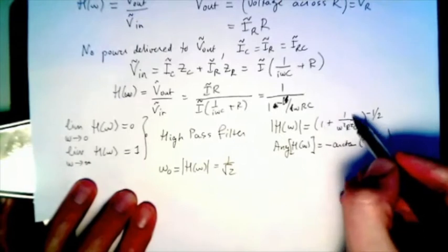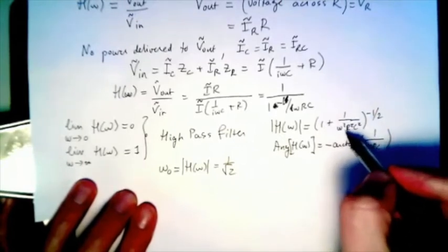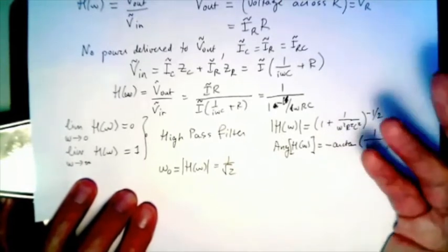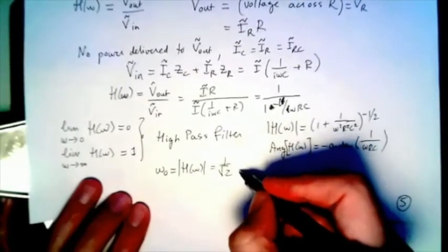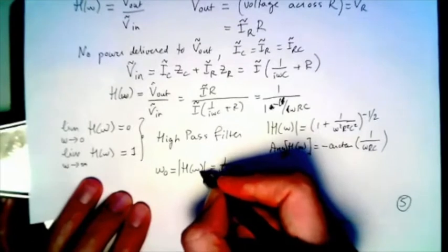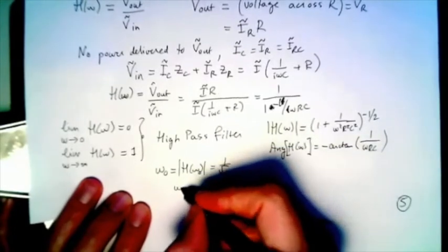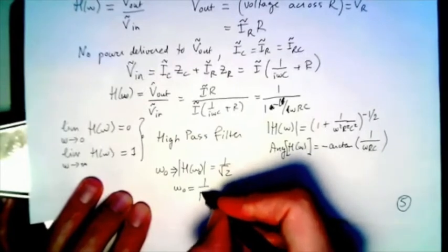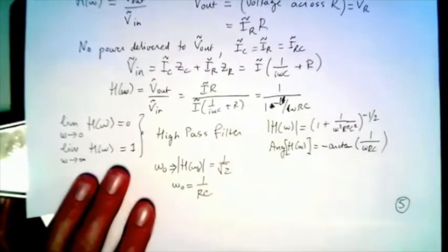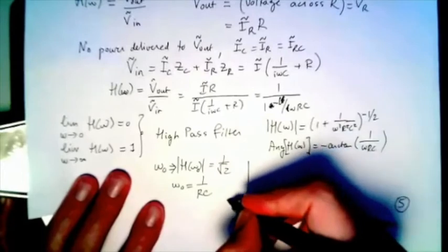That means that this term needs to be 1. That means that omega squared R squared C squared needs to be 1. And that's the exact same condition that we had before. So omega naught is 1 over RC. So this circuit does the exact opposite.